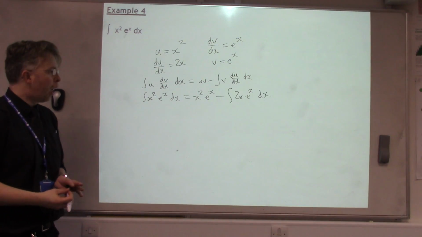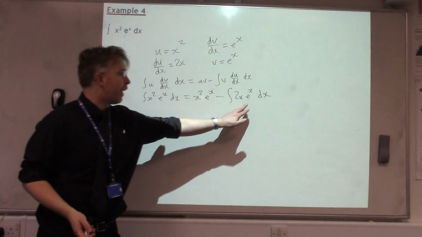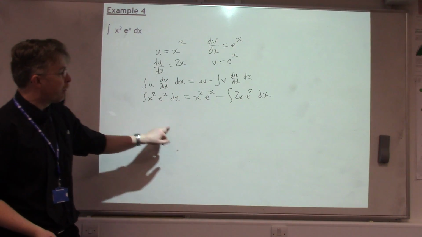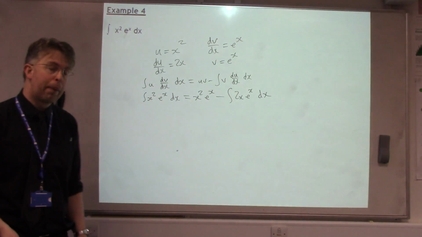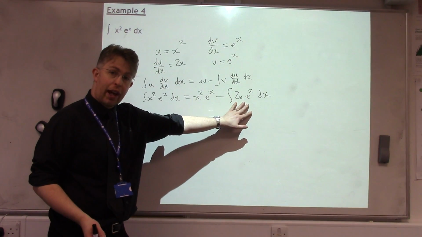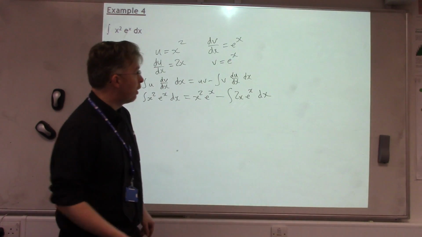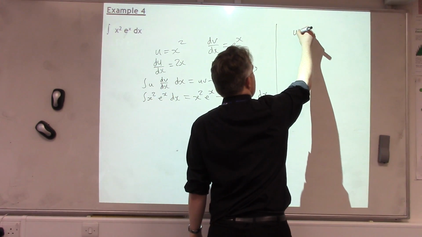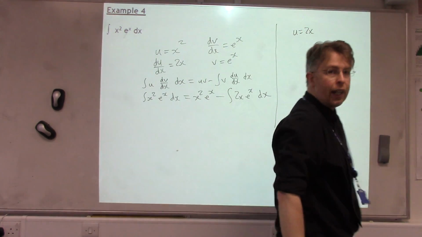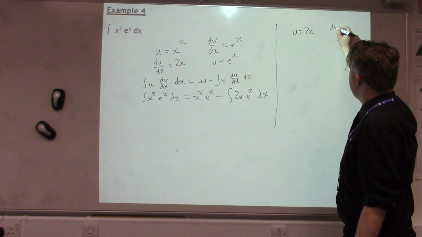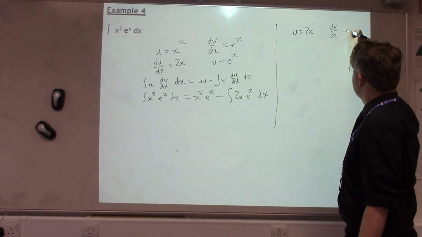Now, we can't integrate 2x e to the x, but it is simpler than x squared e to the x. And what we can do is repeat the integration by parts to integrate that part of it, which we can add to that. So in a sense, we're going to do an aside over here. In this case, the u is 2x, the 2 can go either side. The dv by dx is e to the x.